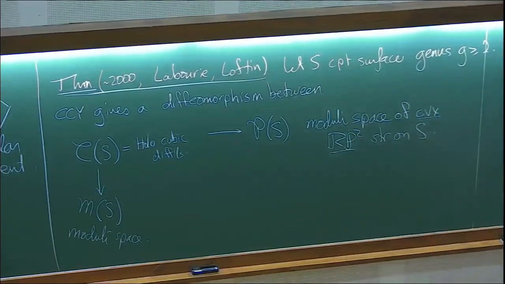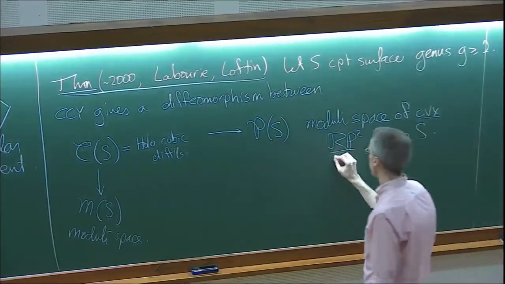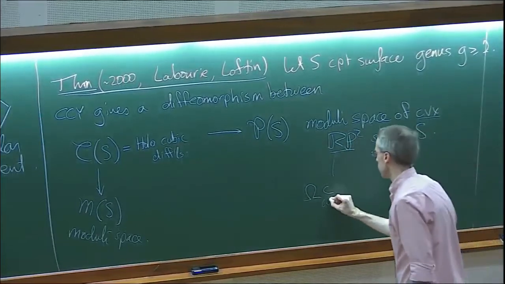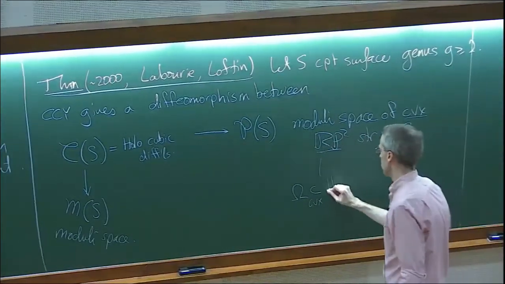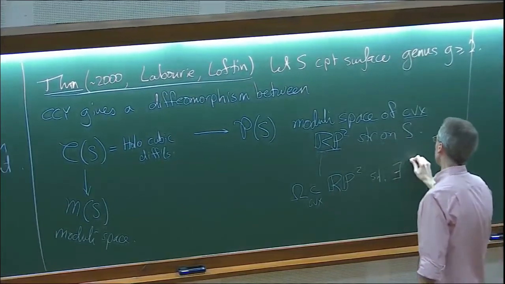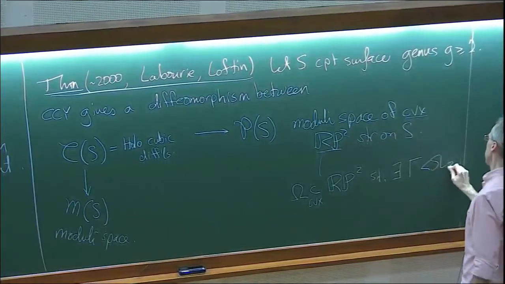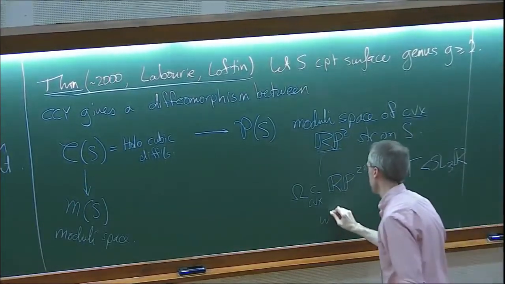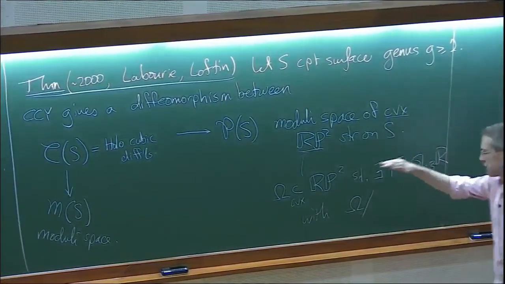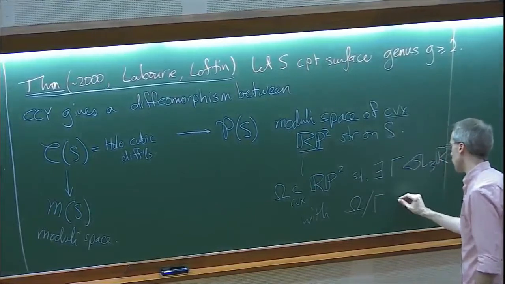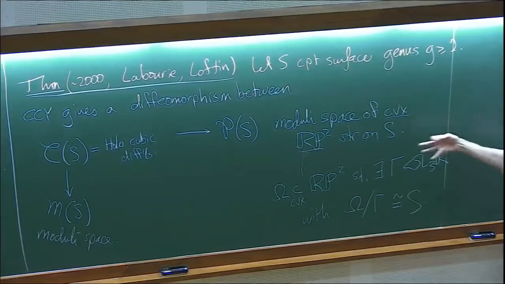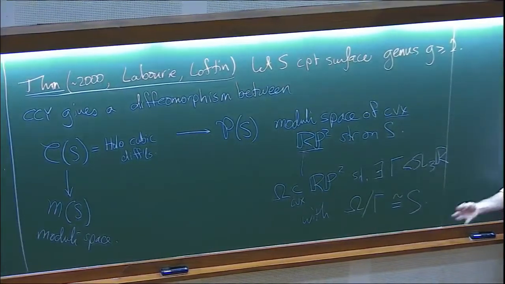Let me take a self-serving definition of convex RP2 structure. It will be when you have a properly convex open set omega inside of RP2, such that there exists a group gamma inside of SL3R that, first of all, thought of as a group of projective transformations, leaves omega invariant, and secondly, where the quotient is diffeomorphic to S. So this means that omega is a convex set with a huge group of symmetries under the projective group.